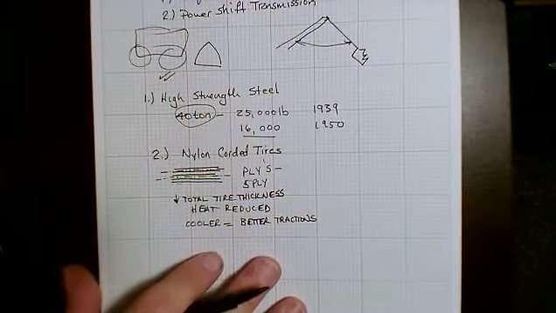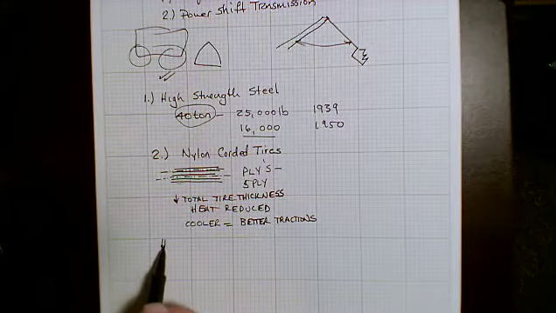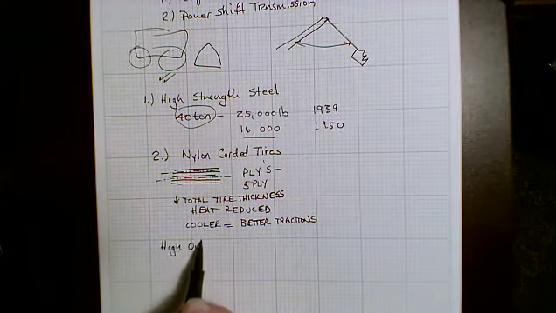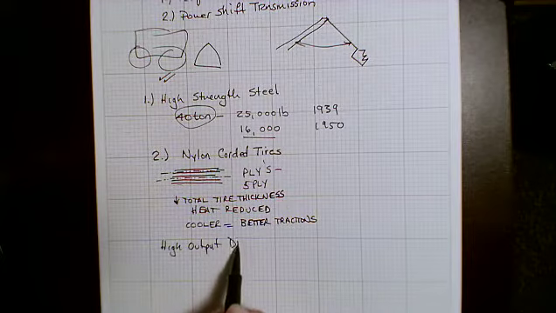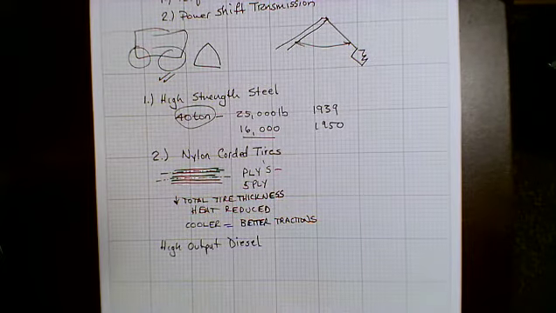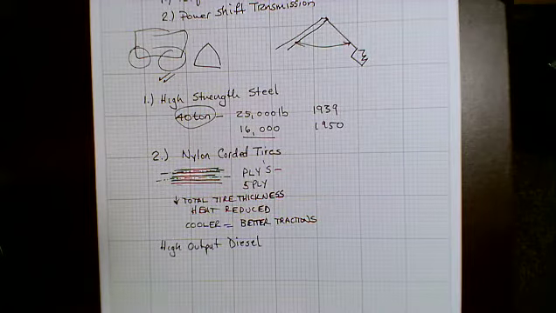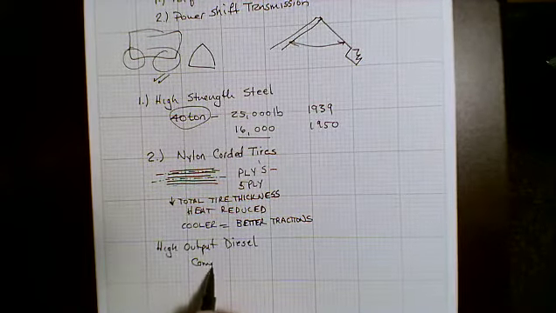Finally, we have high output diesel. Almost all off-road construction vehicles that are doing work on construction sites today are running diesel engines. The compression can be raised.